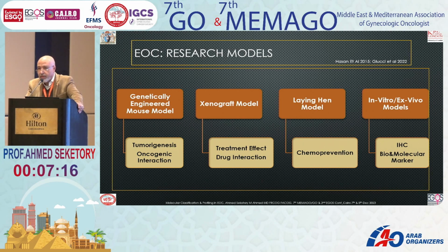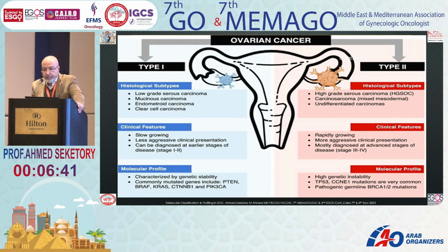God bless his soul. He pioneered this theory. So with the laying hen model, you have a creature that is going to develop ovarian cancer, and you can give this hen some drugs or treatment to prevent her getting ovarian cancer. So you can study chemoprevention on the hen model. And there are lots of in vitro and in vivo models for immunohistochemistry studies, and biomarker and molecular studies.